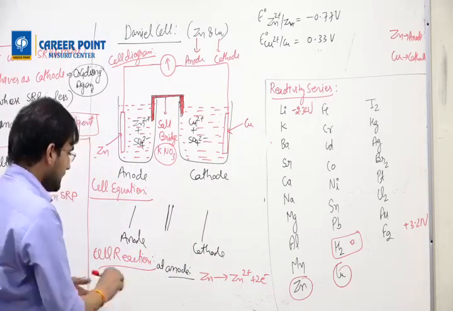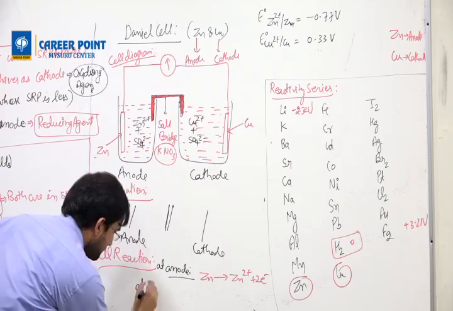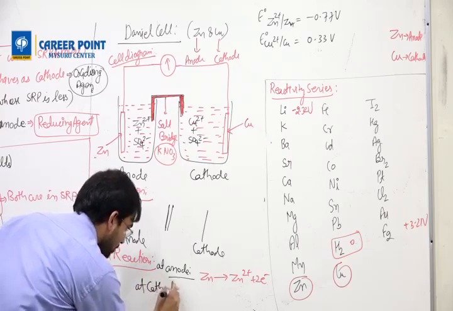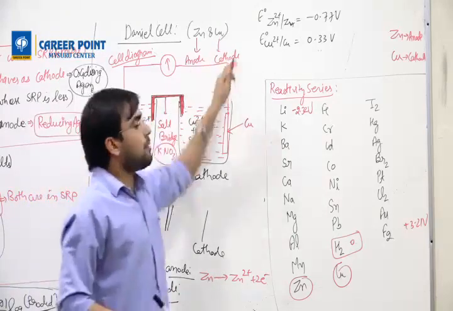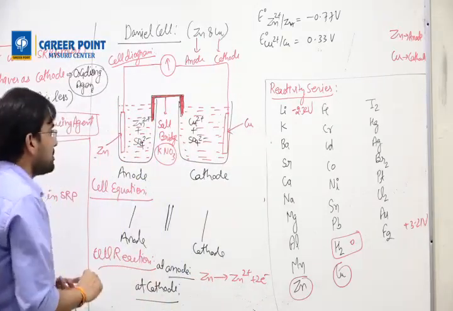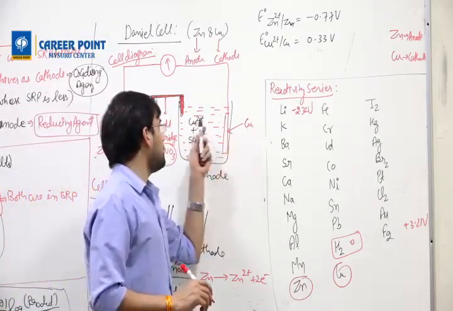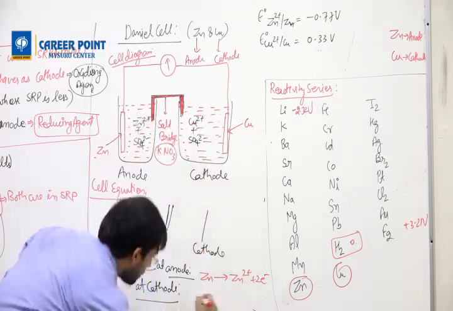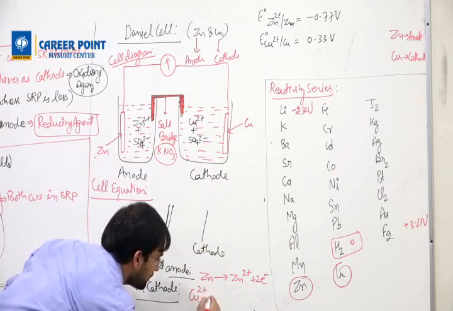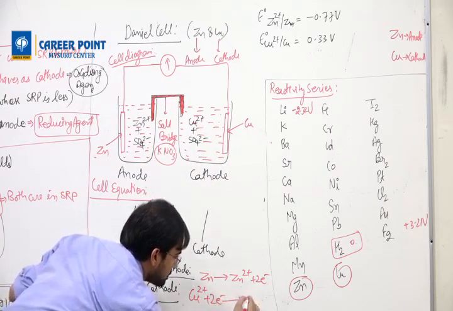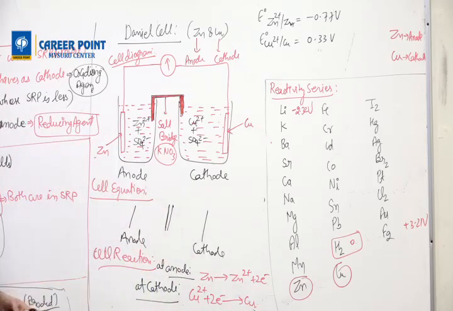And then next one, at cathode. Now cathode is copper, and the copper will undergo reduction. So the copper reduction will be Cu2+ plus 2 electrons gives rise to Cu.